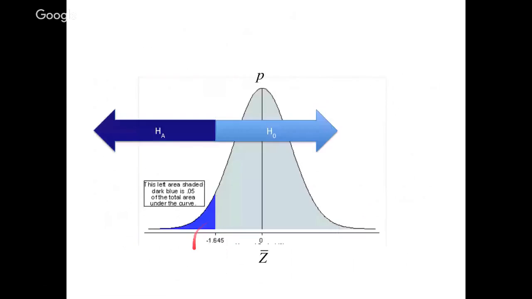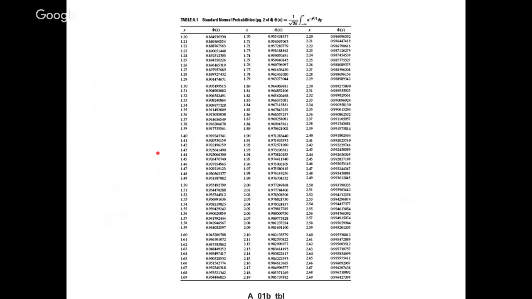And so we know this minus 1.645 comes from allowing 5% of the probability in the tail to be our rejection region, our type 1 error associated with rejecting the null hypothesis. We've already talked about this, but again, that 1.65 comes from saying that we're going to accept a 5% probability of being wrong.